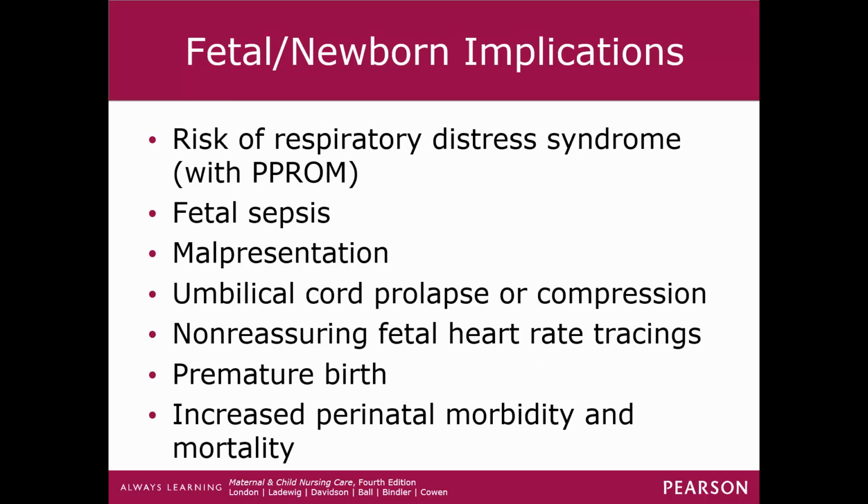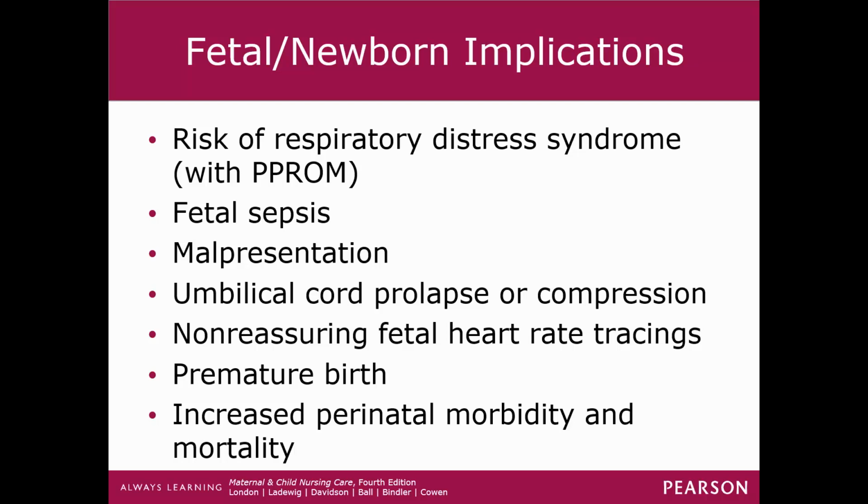So what happens to the baby if she has a rupture of membranes? If she's preterm and has a rupture of membranes and she's not contracting and not dilating, we will try not to let her deliver. We will try to keep her pregnant as long as we can, even though her water is broken.